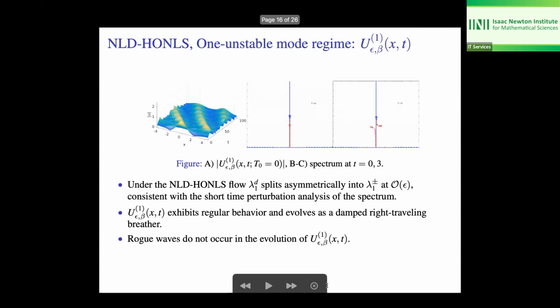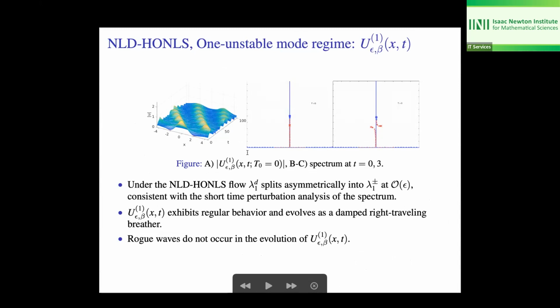Okay, so just to set the framework and the notation, we start with this case, which isn't as interesting as the two unstable mode regime, but we're looking here at U1 in the 1 unstable mode regime.